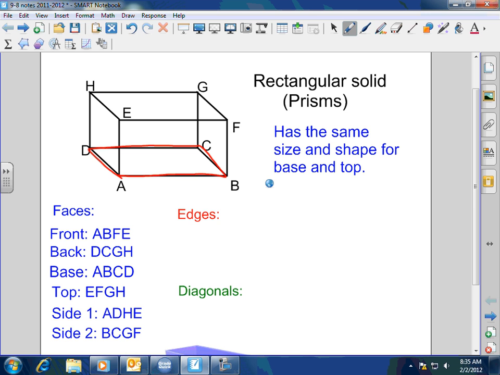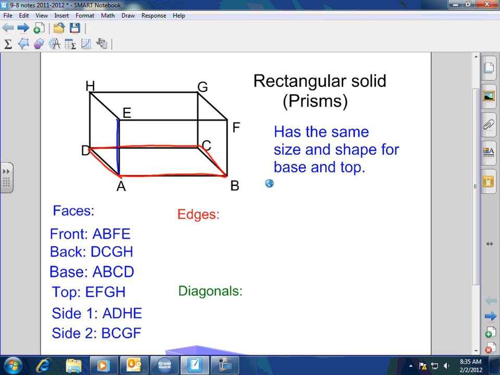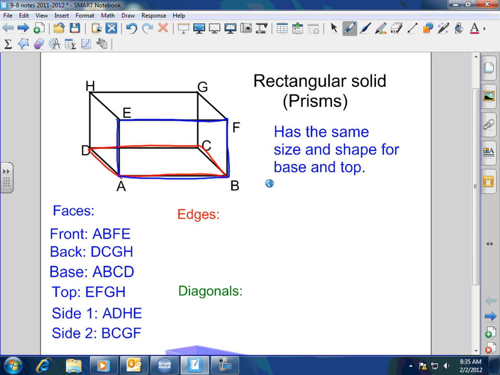Can everyone agree there? Now, to the right of this, right here in blue, isn't that the front? And then isn't this the back? HDCG is the back.